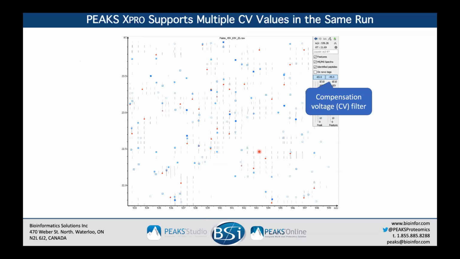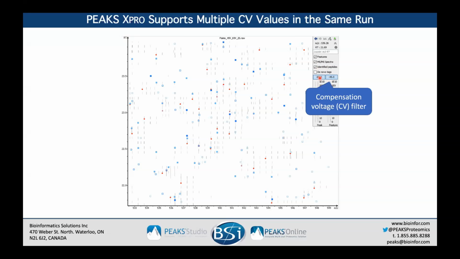And so what we've built in is really a view that, just like all the other ion mobility views, you can go in and look at your data. Now in your retention time versus m/z view, we can put in specific compensation voltage filters depending on what was used in your run.